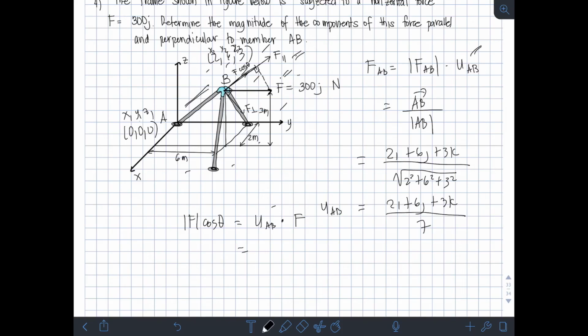So, we have obtained UAB. So I distribute the 7: 2 over 7i plus 6 over 7j plus 3 over 7k.